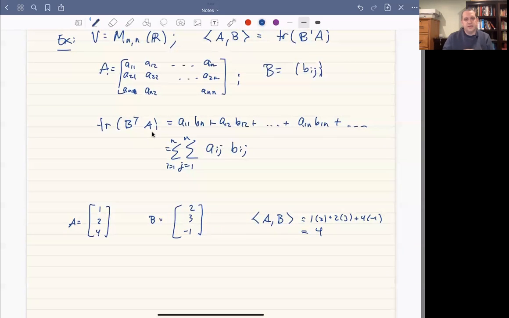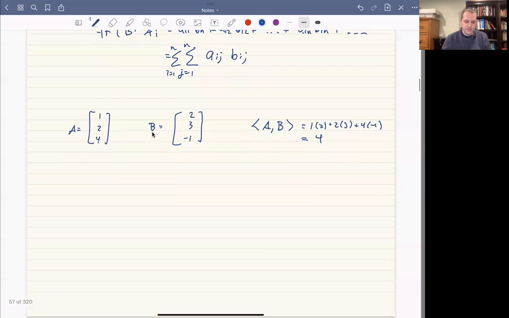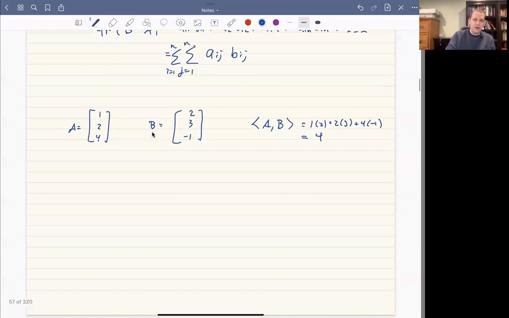One other thing that I think is useful to say is that you can think of the dot product this way: if I were to take B transpose times A, that would be 2, 3, -1 times 1, 2, 4. Here I'm just thinking of standard matrix multiplication. I get 2 times 1 plus 3 times 2 plus -1 times 4.